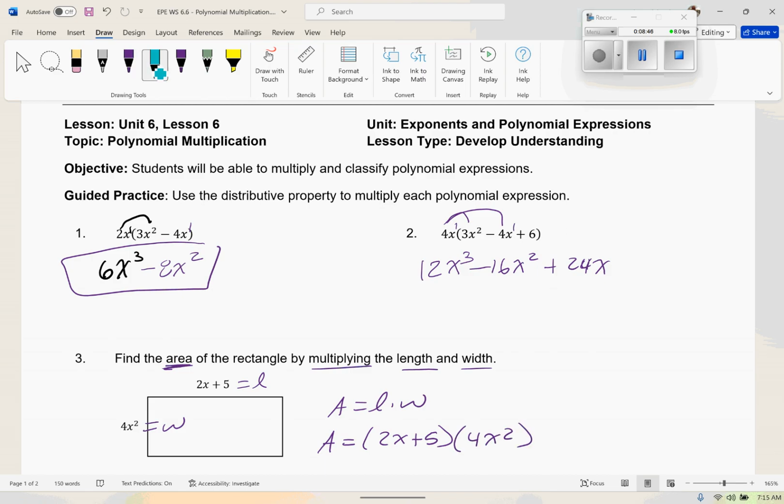So on this one, I'm going to distribute this over here. So I'm going to get 4 times 2, which is 8. X squared times x to the first is going to be x to the third. And then 4 times 5 is going to give me 20. And then the x squared comes along. So this is the area of this particular rectangle.